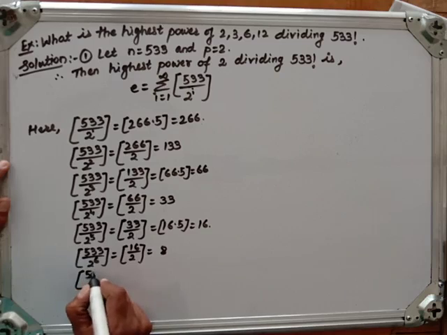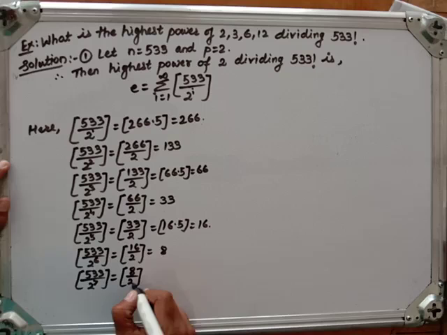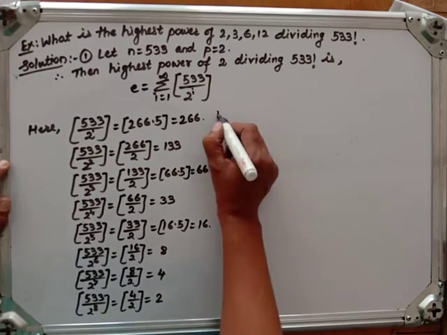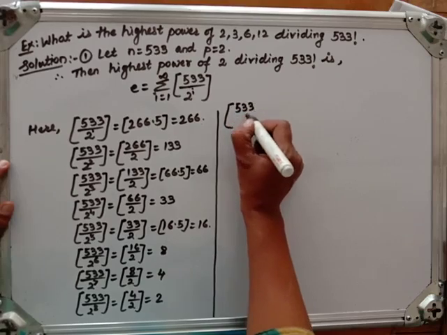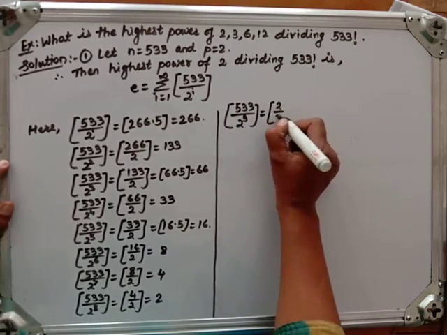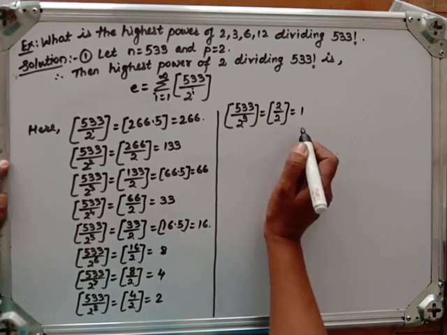Next, 2 raised to 7, that is 8 by 2, that is equal to 4. Next, 2 raised to 8, that is 4 by 2, that is equal to 2. Next, 2 raised to 9, that is 2 by 2, so it is 1. And next, obviously 0.5, so 0.